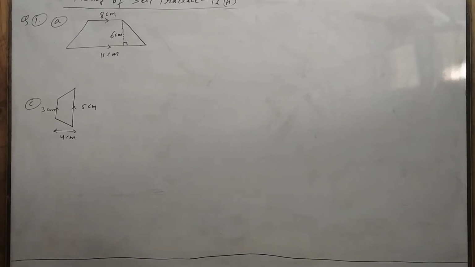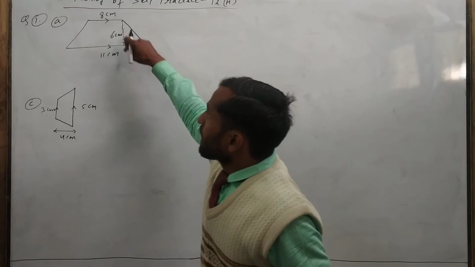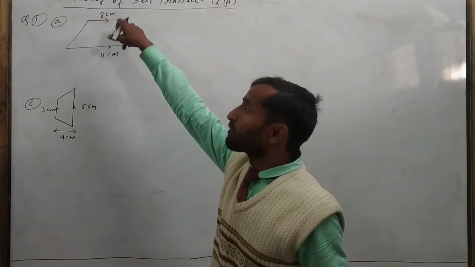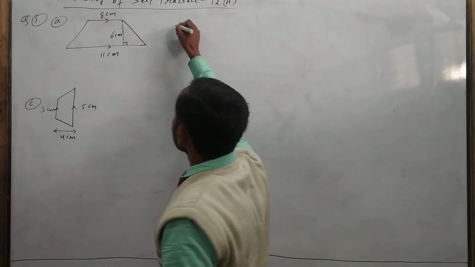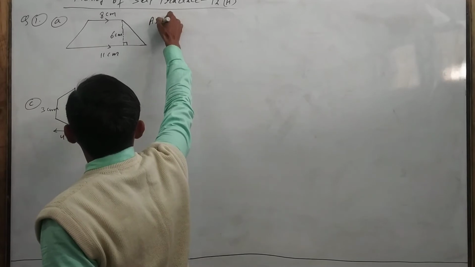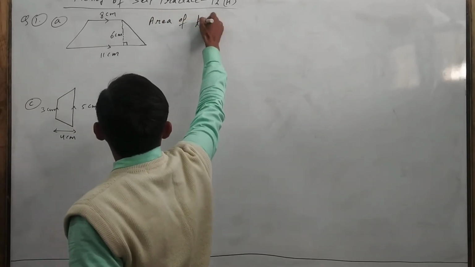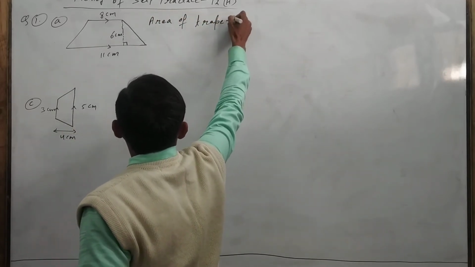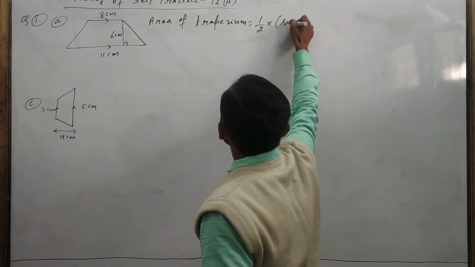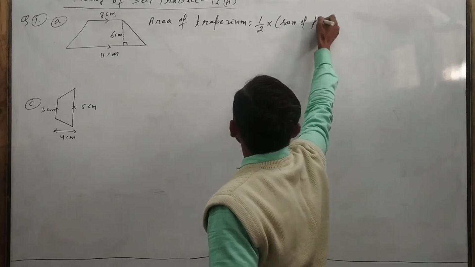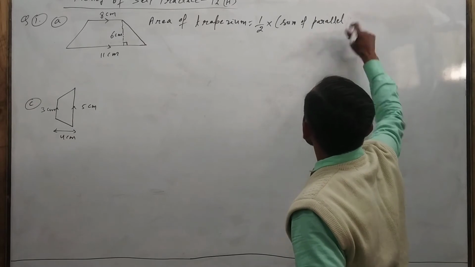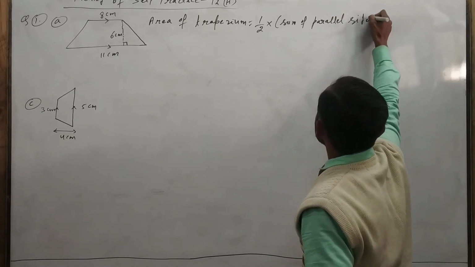Here, the trapezium's opposite sides, meaning parallel sides, are given as 8 cm and 11 cm, and this one is called the height of the trapezium. So we will use the formula I have already explained. Area of trapezium is equal to half into sum of parallel sides into height.